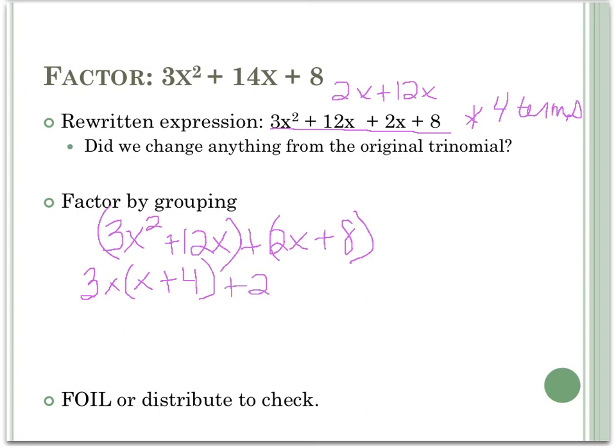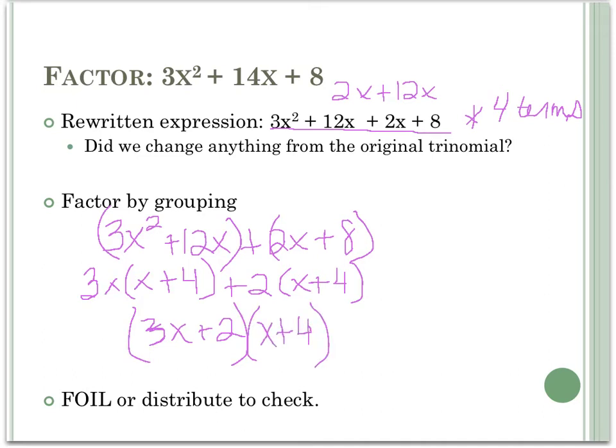Then I'm going to take out a 2, and I'm left with x plus 4. Now we know with our factor by grouping method, we can rewrite that as 3x plus 2 times x plus 4.